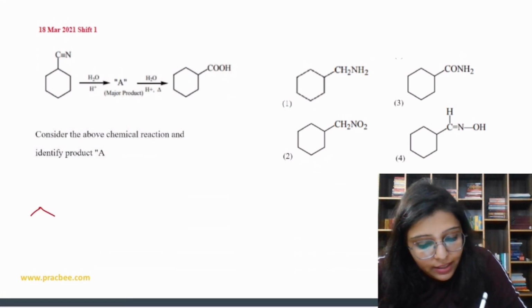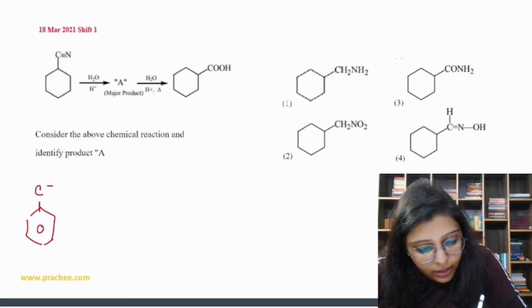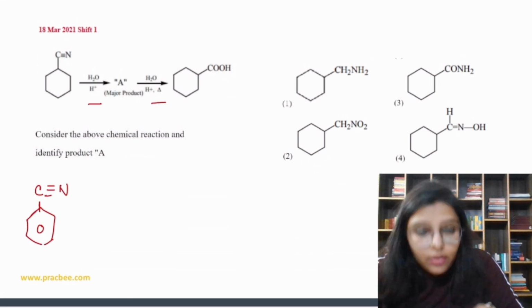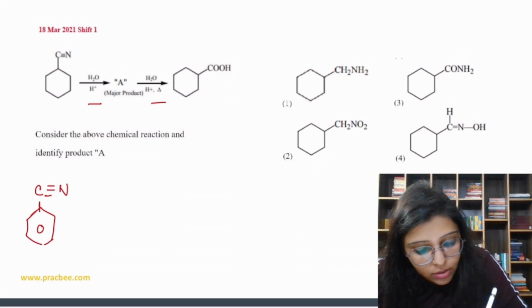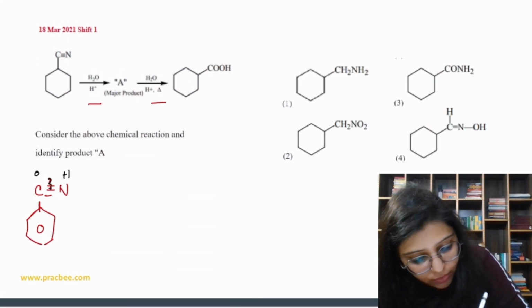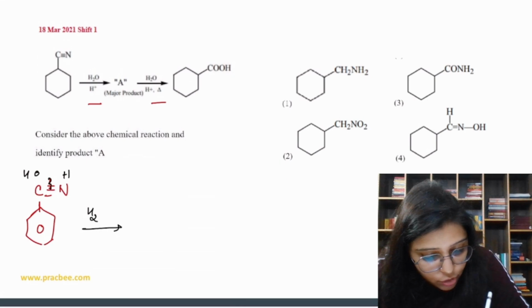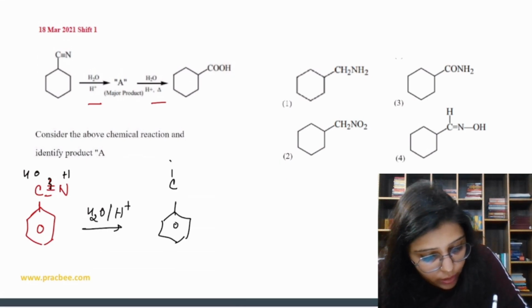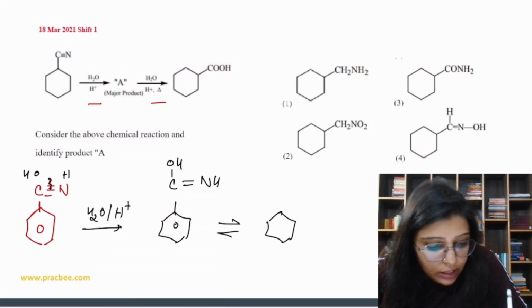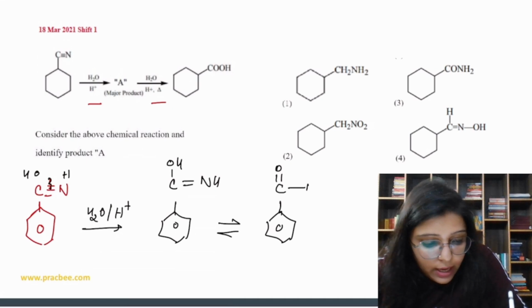We have CN. Two times we have to do hydrolysis. First we have to do partial hydrolysis, so let's break one bond. When we break one bond, as nitrogen is more electronegative, here we write H and here we write OH. So on partial hydrolysis we get C(OH)=NH, which on tautomerization gives amide, NH2.